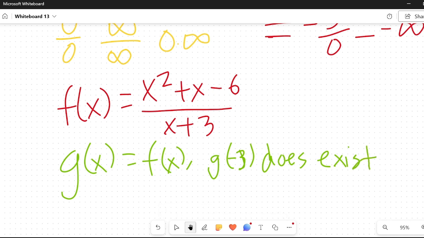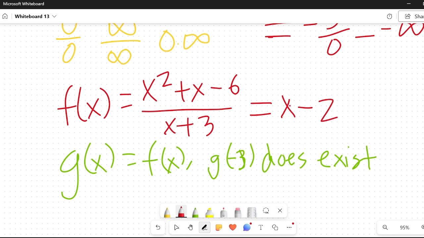With the dividing out technique, we can just divide x plus 3 into this. I'll save you the time for factoring it out, but this is just equal to x minus 2. And in this case, g of negative 3 does exist.